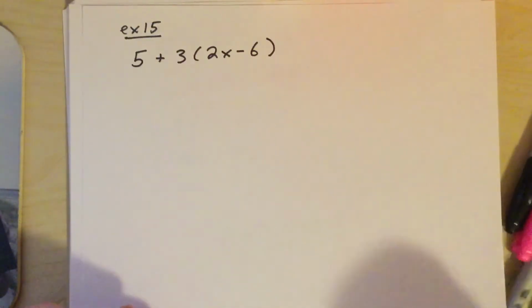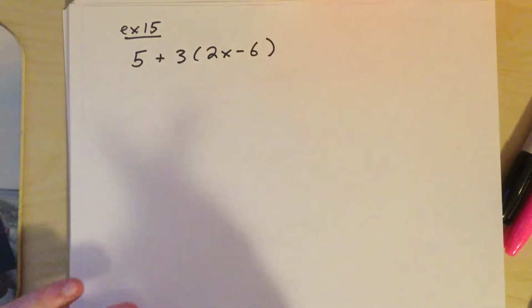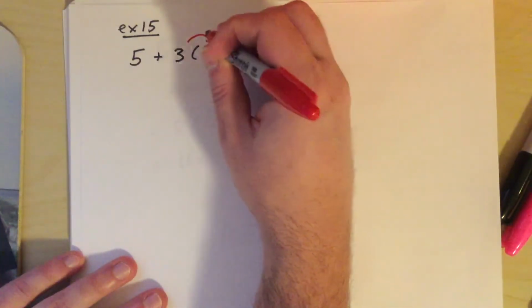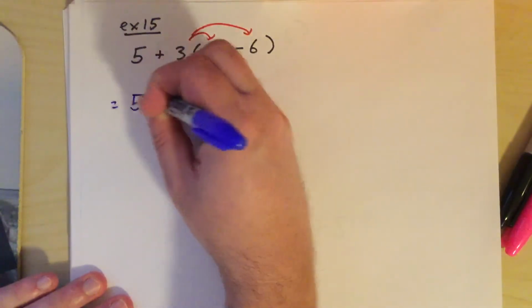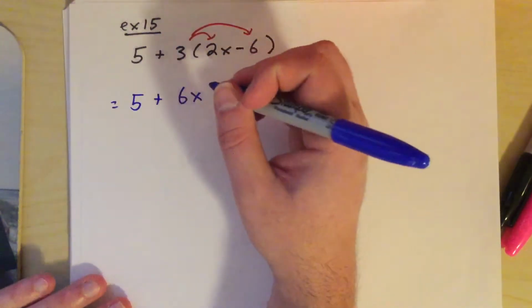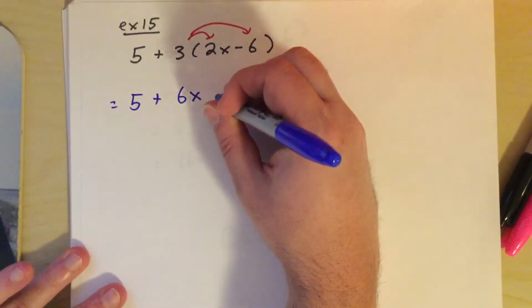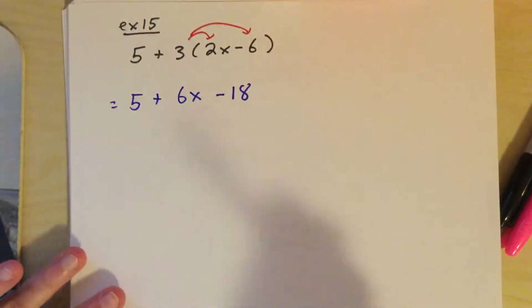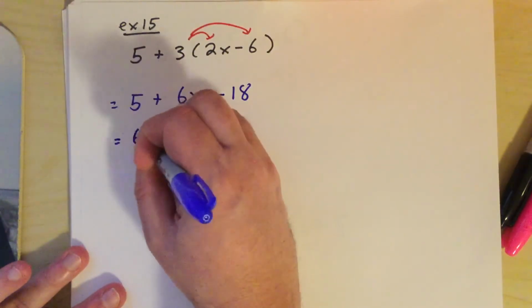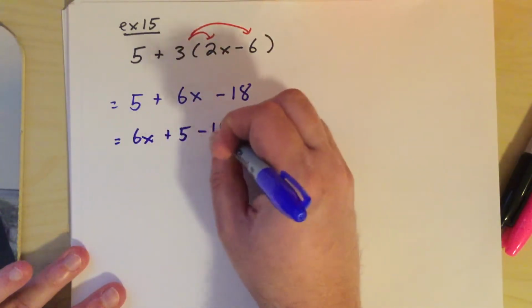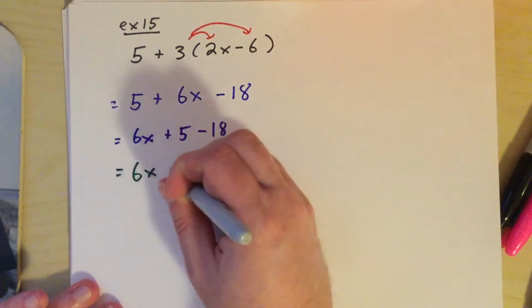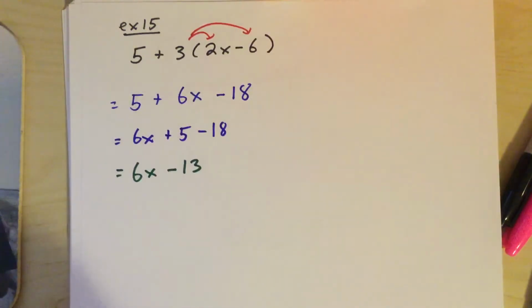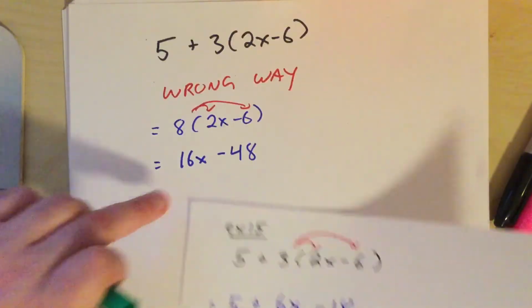So the right way is going to be, we multiply it in first, and we get 5 plus 6x minus 18, which then becomes 6x plus 5 minus 18, which becomes 6x minus 13, which is quite a bit different than 16x minus 48.